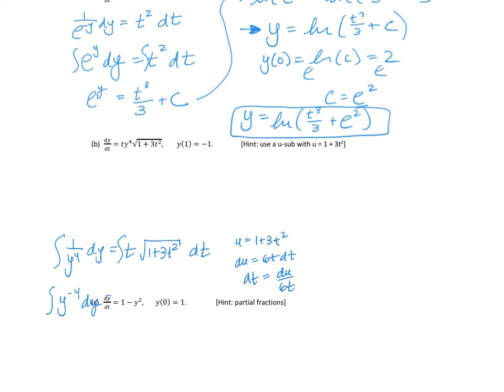So this is going to become the integral of t times u to the 1/2 times dt, which is du over 6t. My t's cancel.